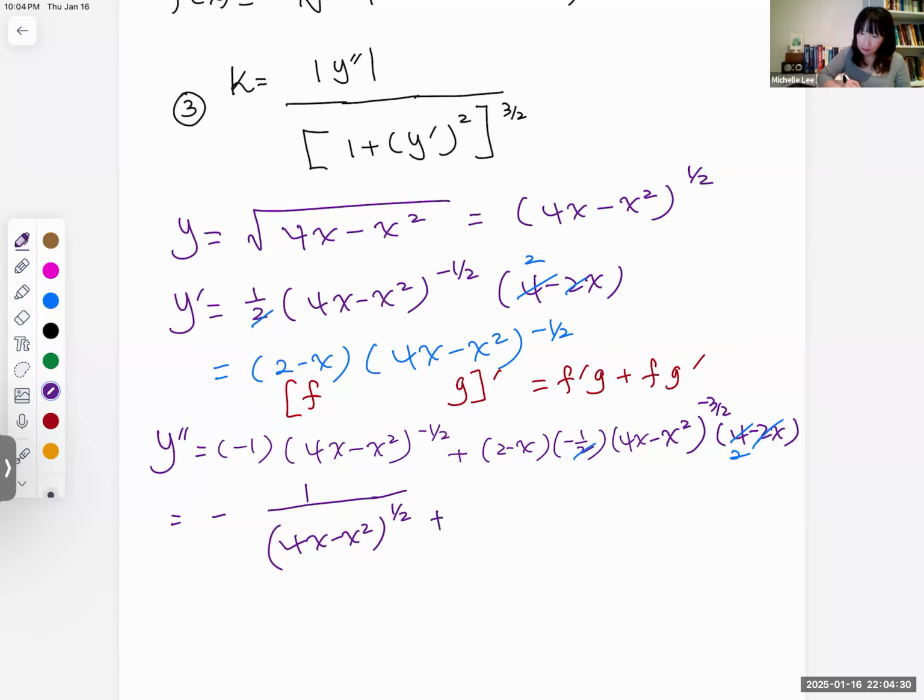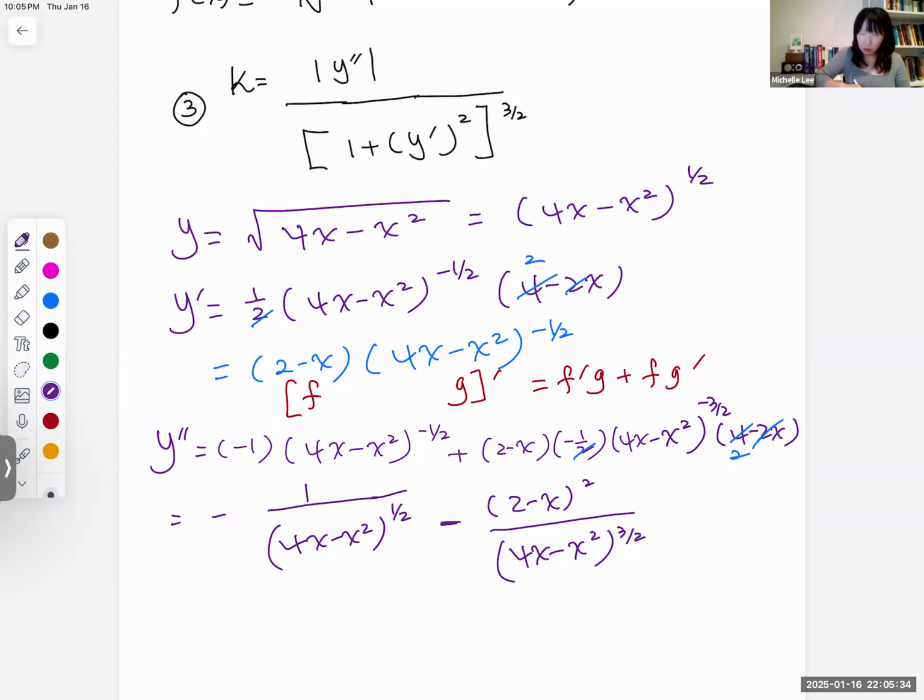Plus, and then we have 2 minus x twice. Oh, there's a negative 2, missing a negative. So there will be a negative, and then 4x minus x squared to the 3 over 2.